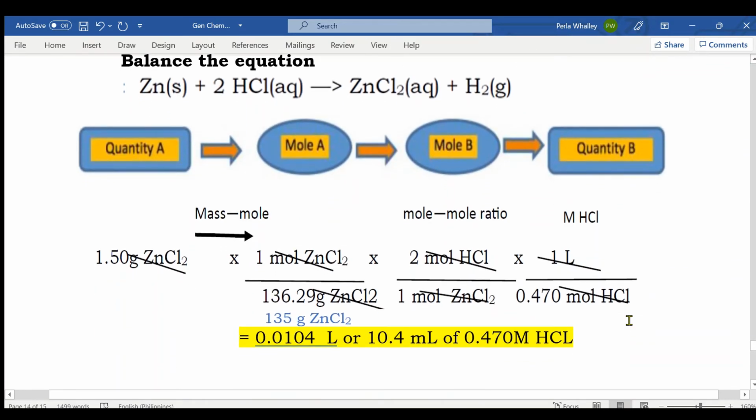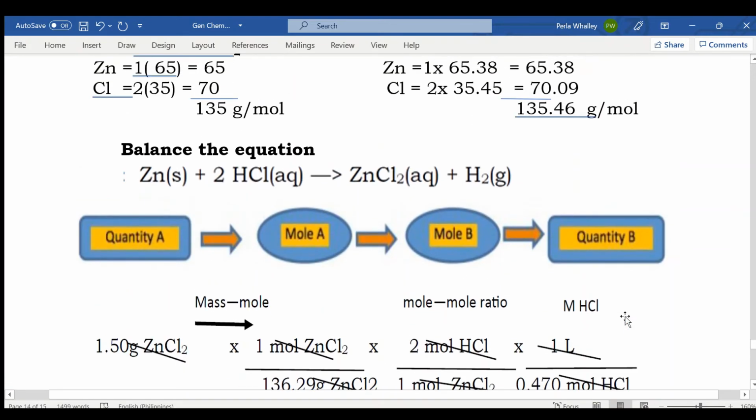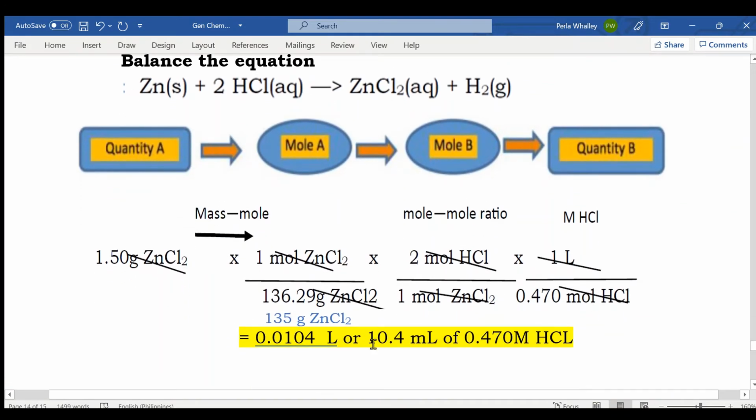And then this is the solution. And this is the model that we have to follow. So quantity A, 1.50 grams zinc chloride times, we convert the grams or the quantity to mole by using the molar mass.